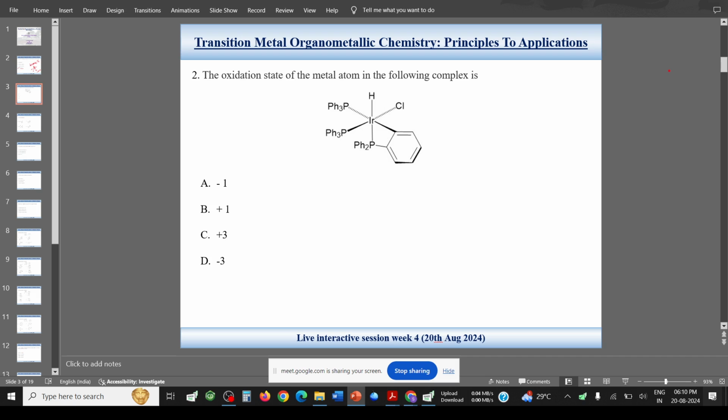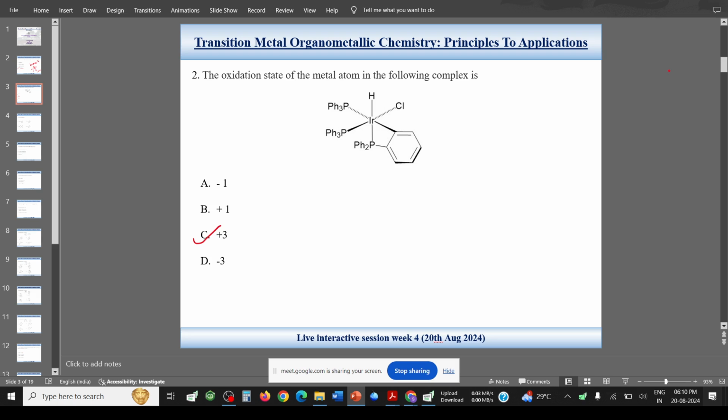Next question is, the oxidation state of the metal atom in the following complex is? +3, sir. Yes. So oxidation state is +3. Last step, I show how to calculate the oxidation state for any metal complex.